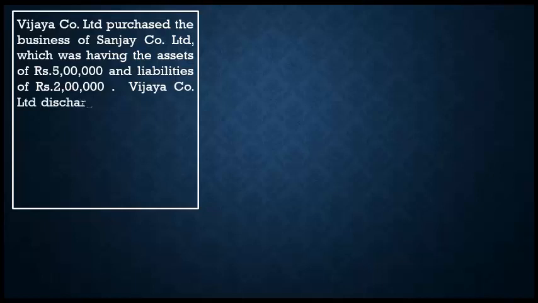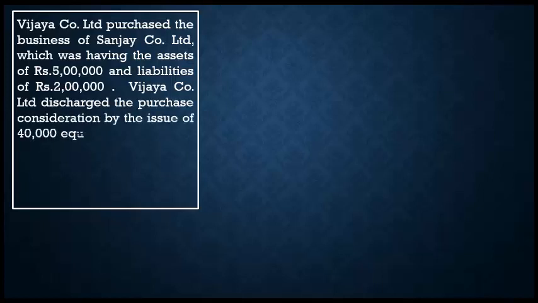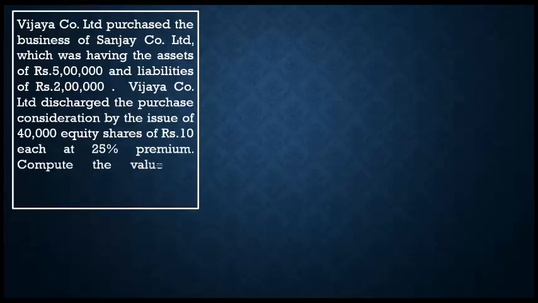Vijay Company Limited discharged, means paid, the purchase consideration by the issue of 40,000 equity shares of rupees 10 each at 25% premium. Compute the value of goodwill as per the net asset method.